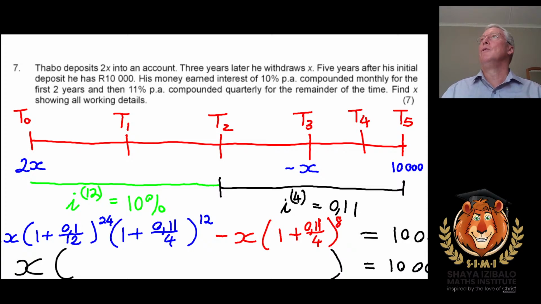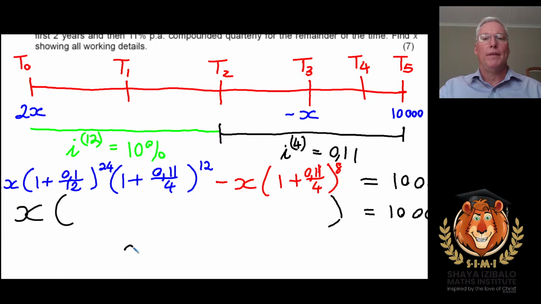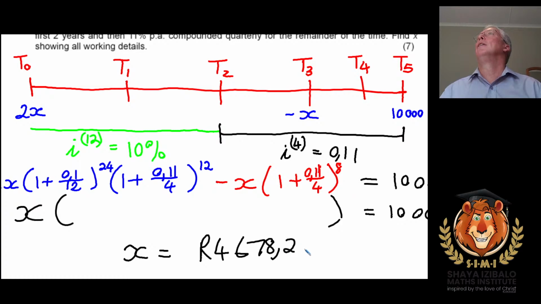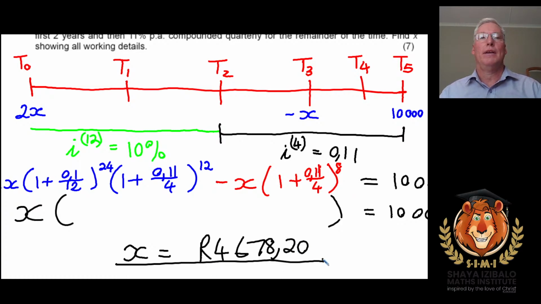For anyone who's actually tried the problem and wants to know the final answer, X is 4,000. So I'm just looking up at my memo, 4,678 and 20 cents, right? And there it is.